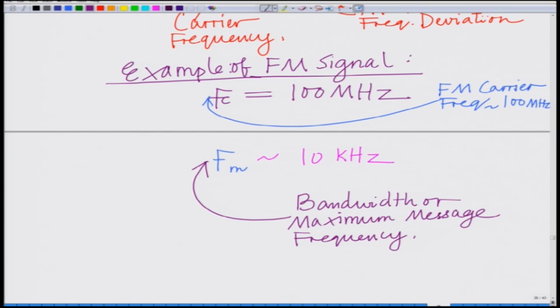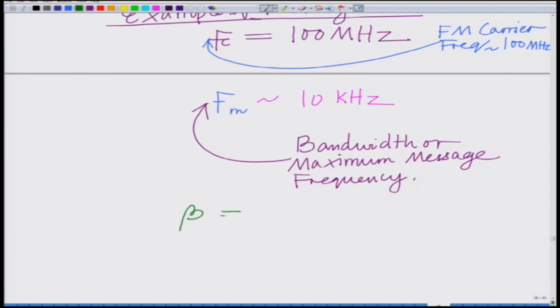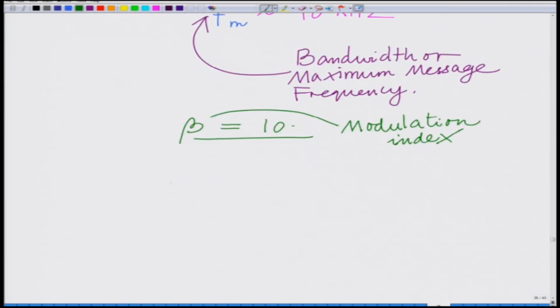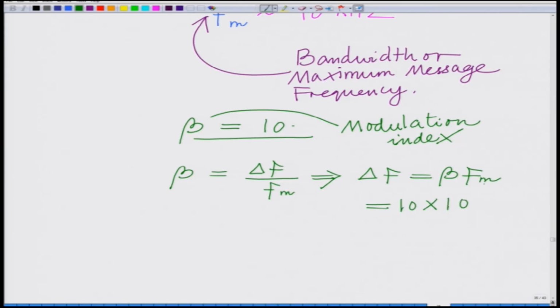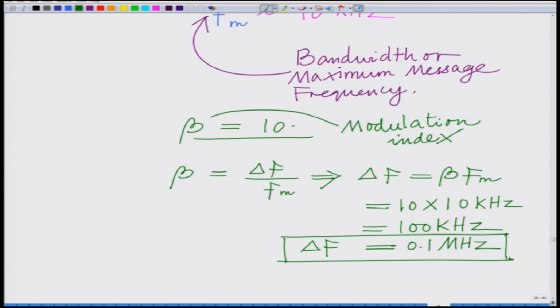Now, if we have a modulation index beta equal to 10, and we know that beta is delta f divided by Fm, the maximum frequency component, then the frequency deviation delta f is beta times Fm, which is 10 times 10 kilohertz, equal to 100 kilohertz, or 0.1 megahertz.